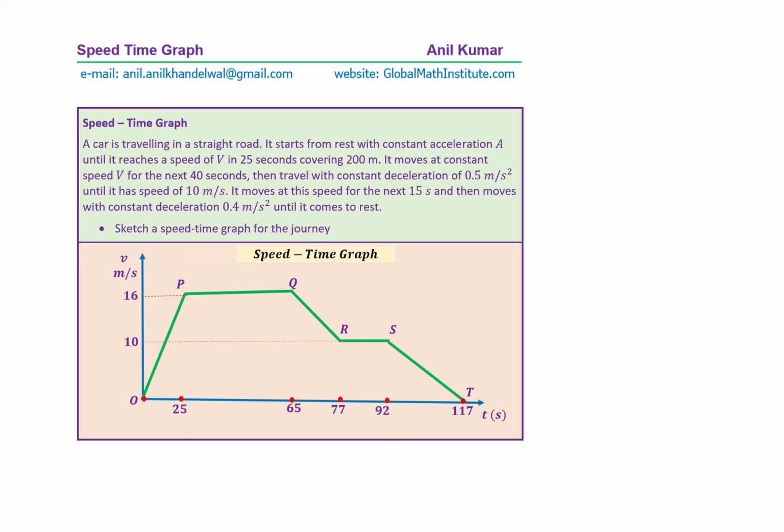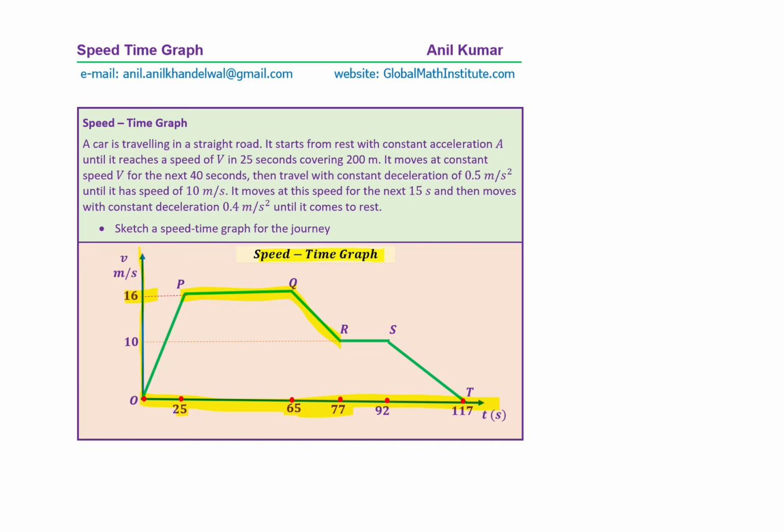So finally, here is our speed time graph. As you can see, all time intervals are summarized here on the time axis, and the velocity which we calculated was 16 meters per second initially. Now it moves at this constant speed for 40 seconds, and therefore the time was calculated from 25. We added 40 to get 65. During Q to R, there was deceleration, and it took 12 seconds for this duration.